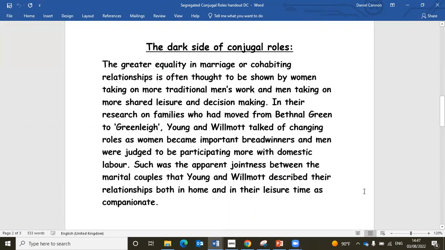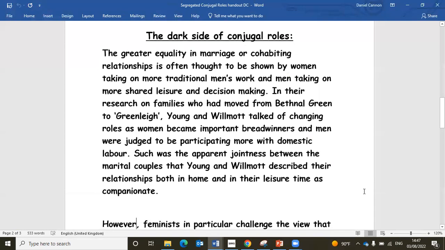In their research on families who have moved from Bethnal Green to Greenleigh, Young and Wilmott talked of changing roles as women became important breadwinners and men were judged to be participating more with domestic labour. Such was an apparent jointness between the marital couples that Young and Wilmott described their relationship, both in the home and in their leisure time, as companionate. So this idea of coming together.